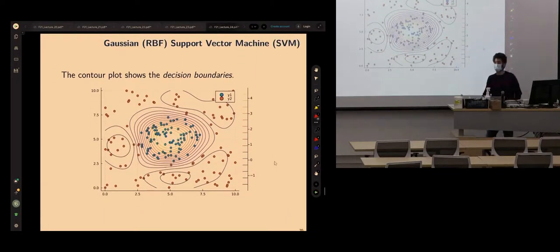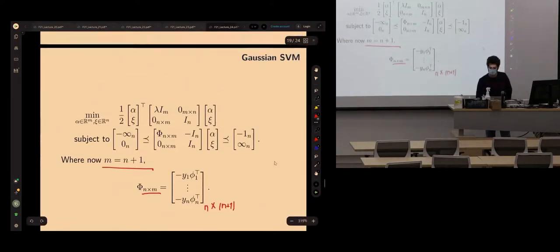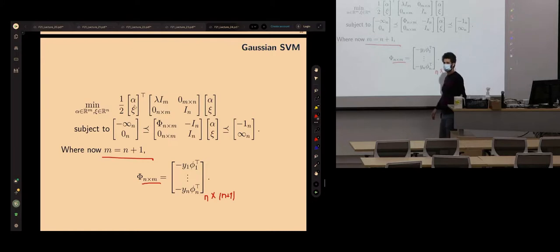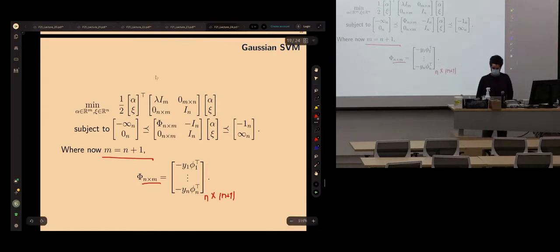By the way, although it's nonlinear, again, just like the least square regression we did, it is nonlinear in these basis values. It is still linear in the parameters that we want to solve. It's still a quadratic program. We didn't change anything about that part. So we only changed the feature map, right?